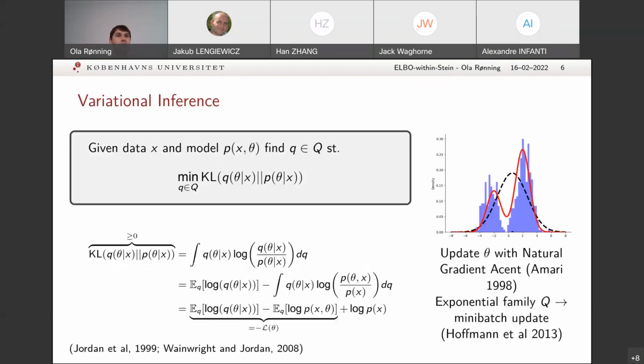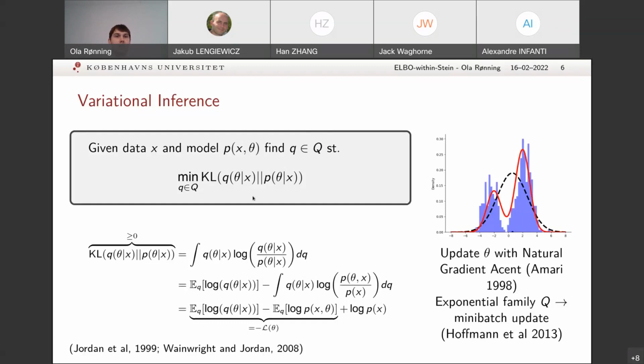So just to remind ourselves, variational inference in a nutshell is: we're given a data set. We have some probability model with a target distribution with some hidden latent variables, and then we take a computationally efficient class of distributions, like for example a parameterized exponential family.